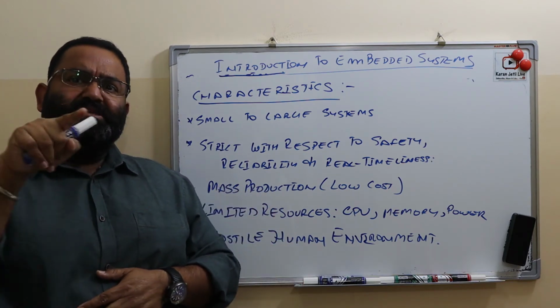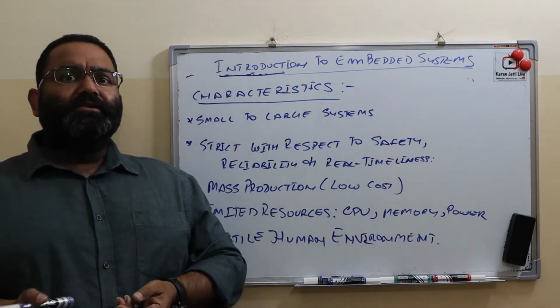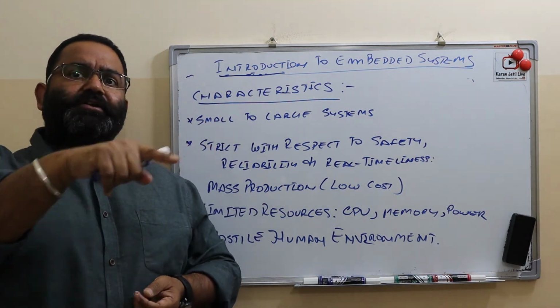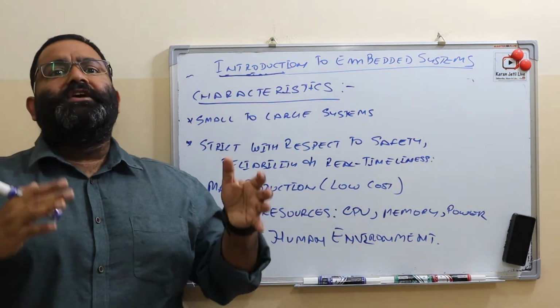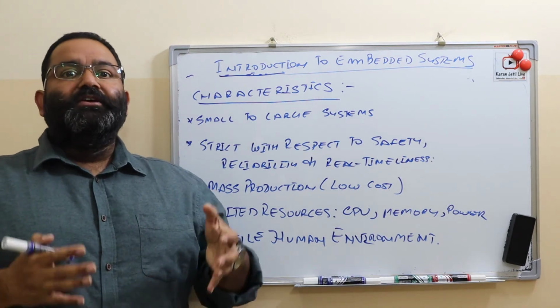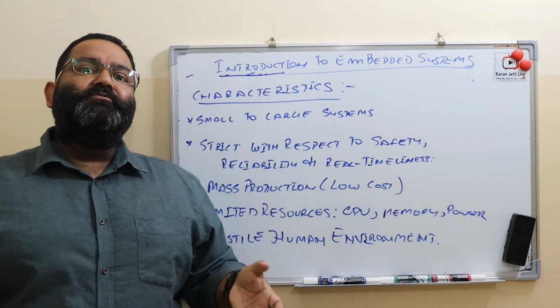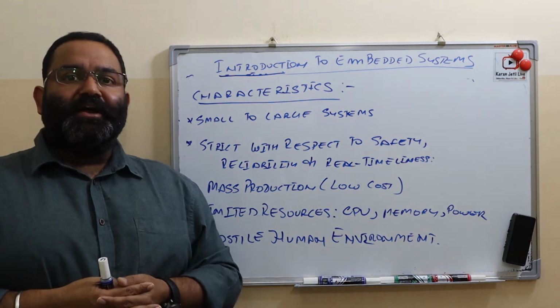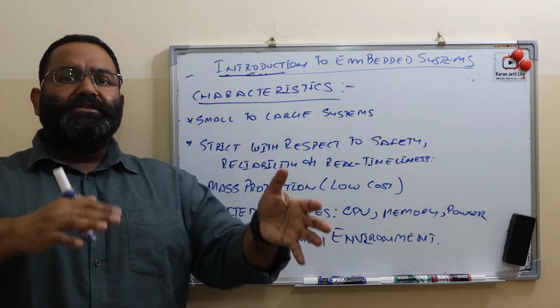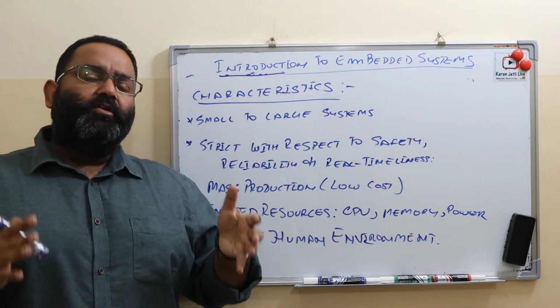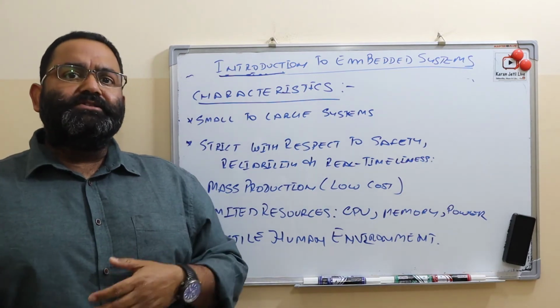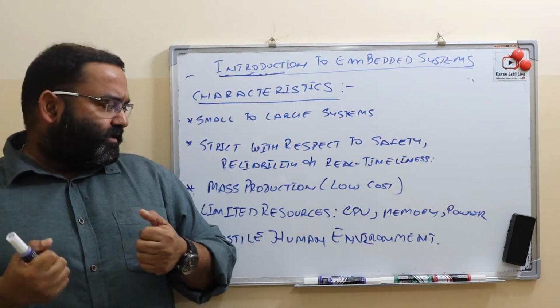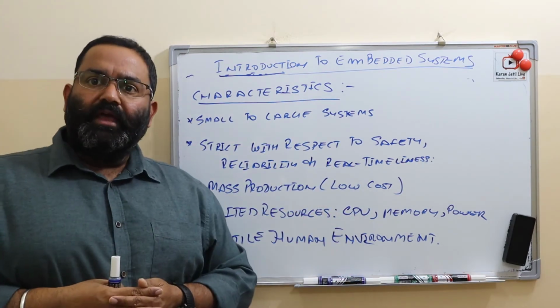People will keep pressing the button. Sometimes they will not understand, so they will abort it, restart it, and misuse it, which makes the working environment very hostile for an embedded system. These systems are designed in such a way that they can withstand the hostile human environment.